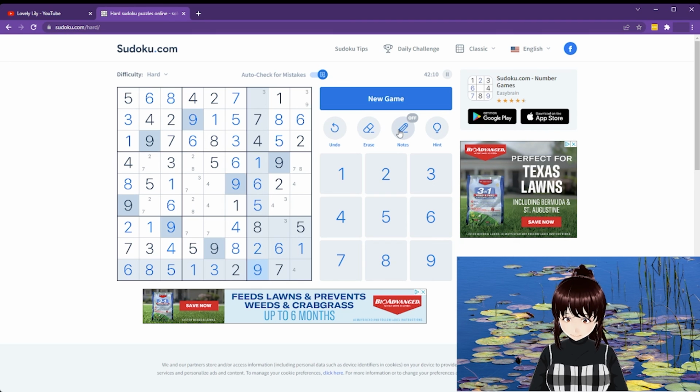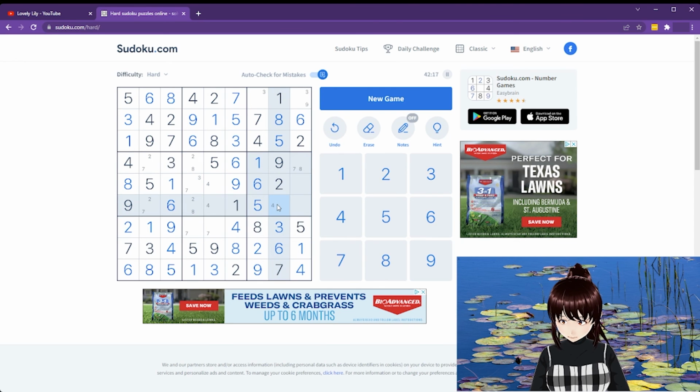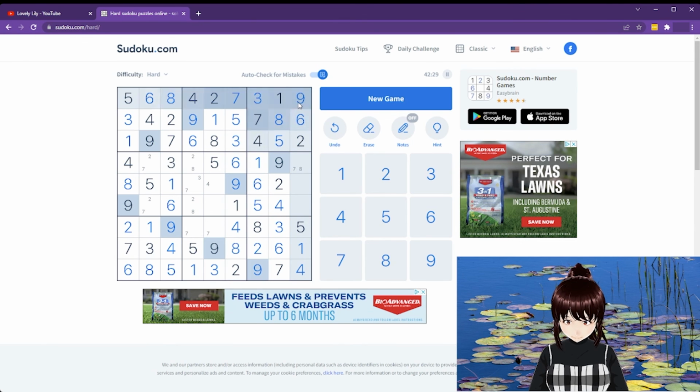Ooh, I almost hit the wrong button. That's a 4. That's a 3. That's a 4. Oh, that makes that a 3. And that makes that a 9. Who needs cheerleading when you got Sudoku?